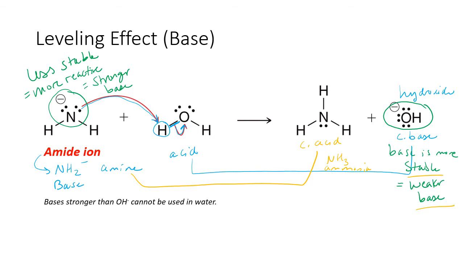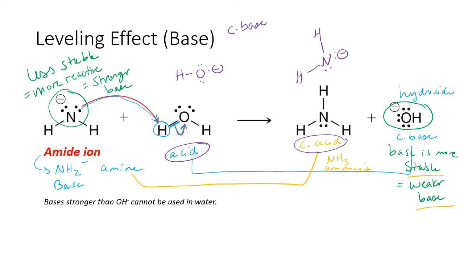So if we looked at our two acids and we deprotonated them, the conjugate base of ammonia is that amide ion, and the conjugate base of water is the hydroxide ion. So here we went to the two conjugate bases of our acids.